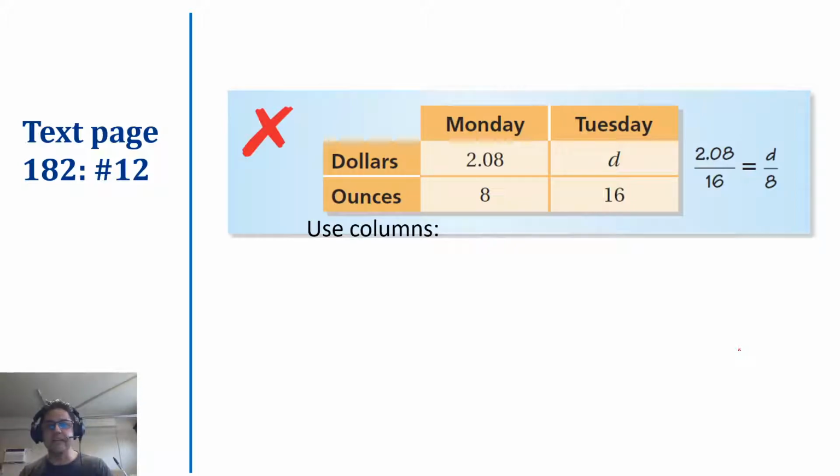Okay, so this is a student analysis. We're looking for the error. If the student used columns, shouldn't it be 2.08 divided by 8 is equal to D over 16?